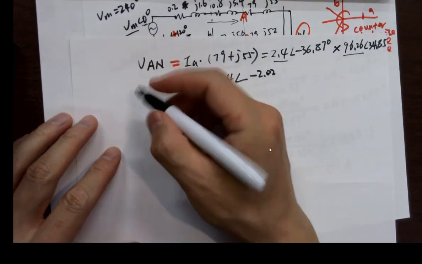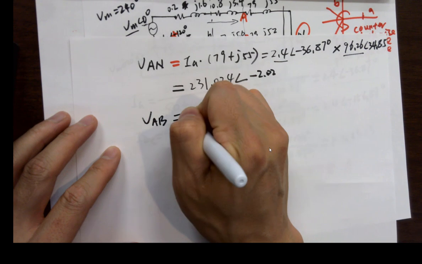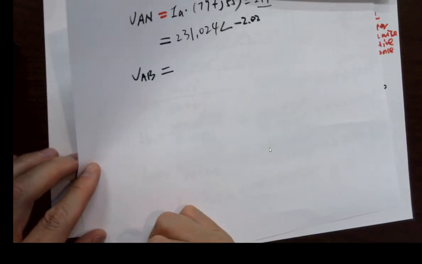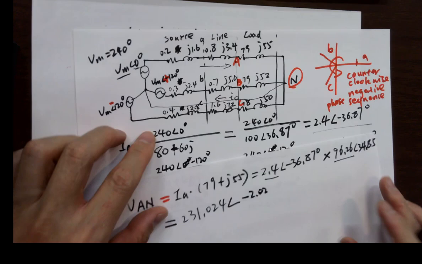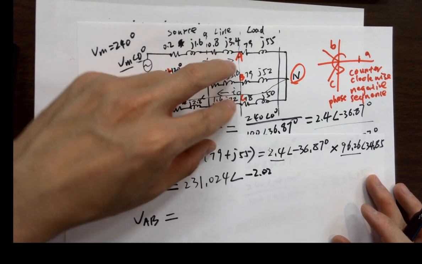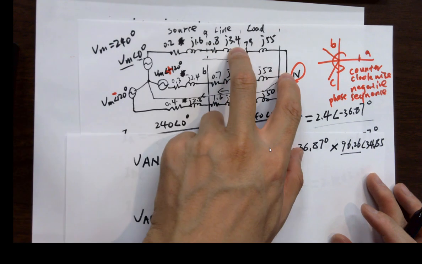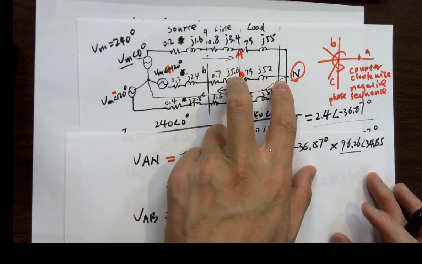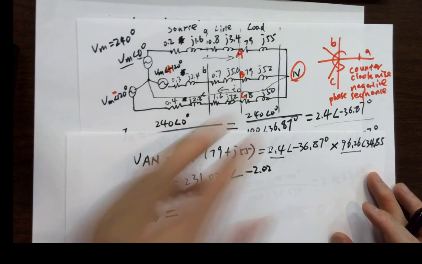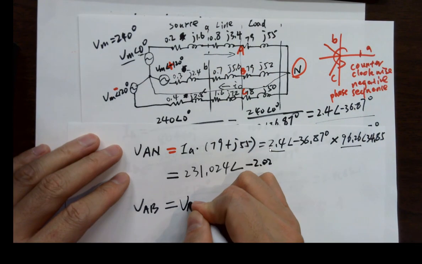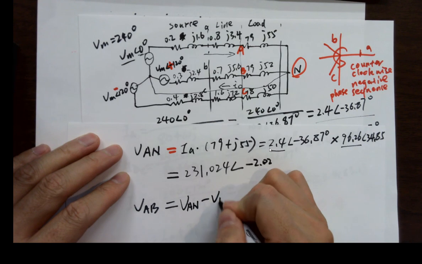So what about VAB? Look at it. VAB. You know VAN, you can definitely find out VBN, right? VAB equals VAN minus VBN.